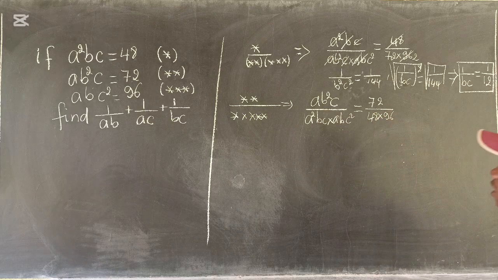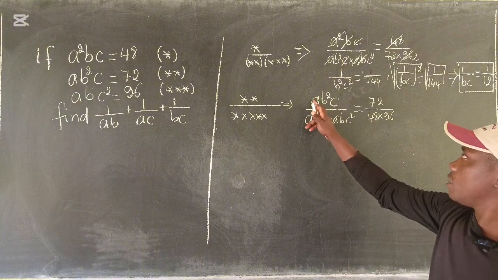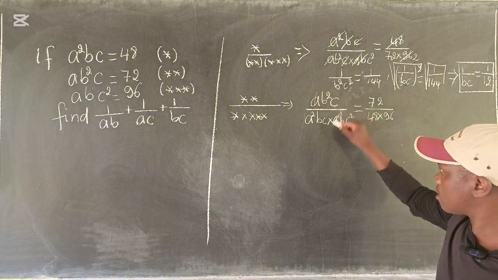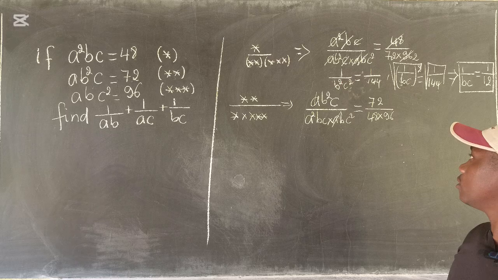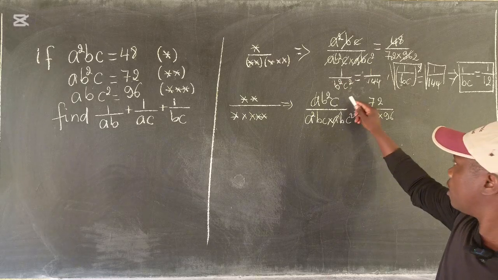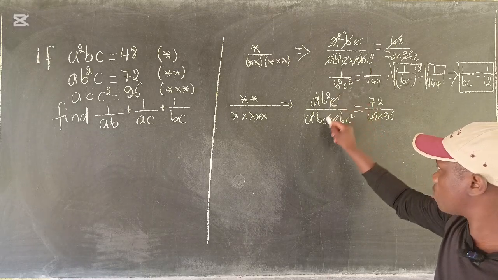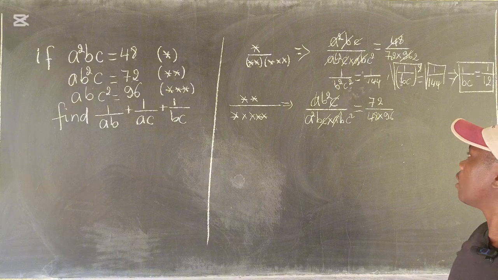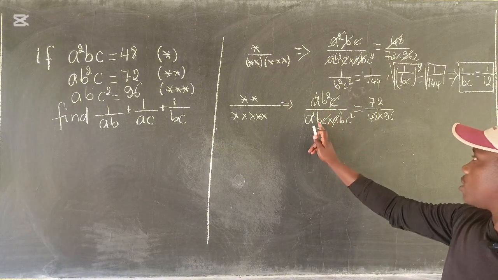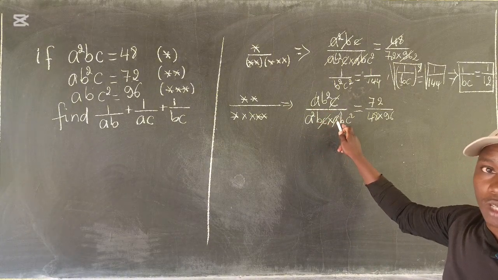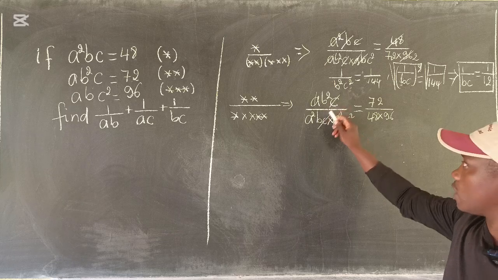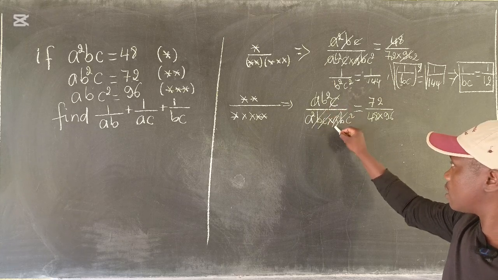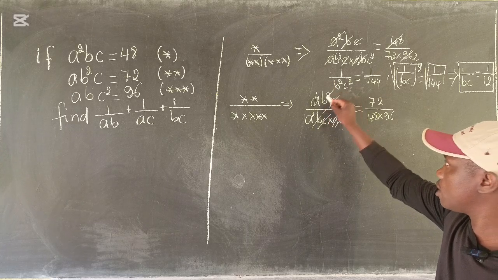As you see, let me simplify this a and this to give 1. Here we have this b, this c, and this one. Also, b times b is b squared, and here is b squared. So this and this times this will be simplified with this.